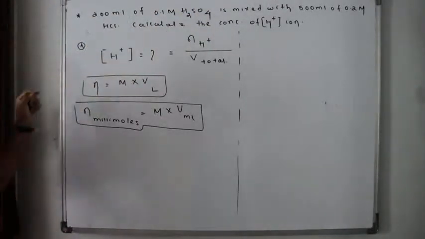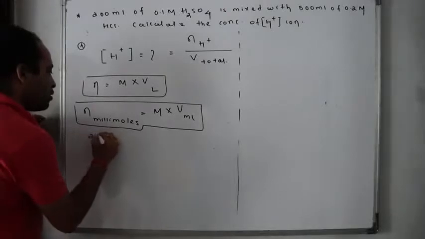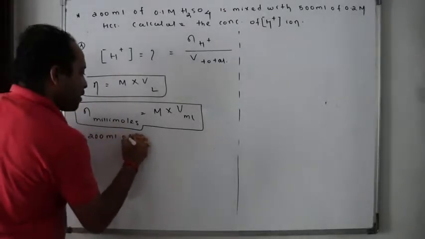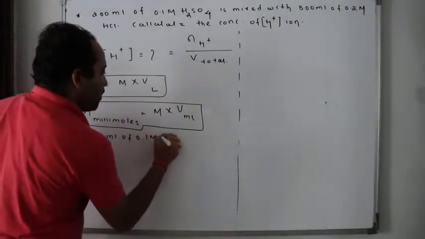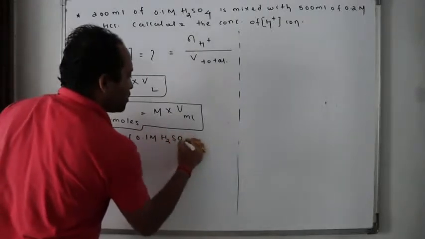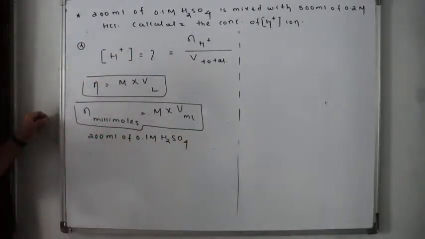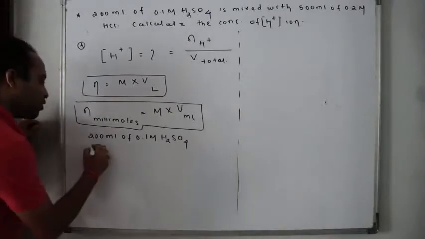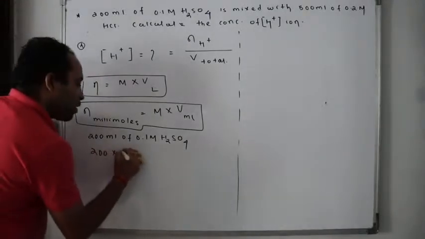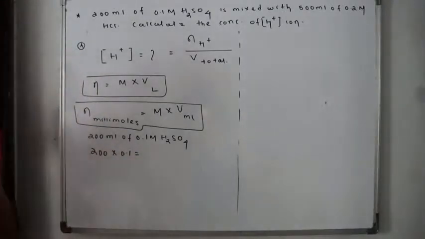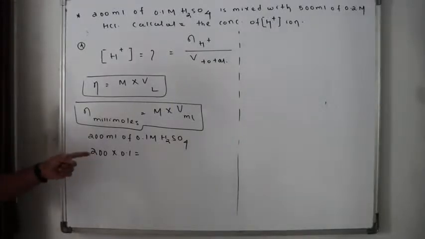Clear? Now, 200 ml of 0.1 molar H2SO4. How to find out? Can I find out like this? 200 into 0.1. Easy.